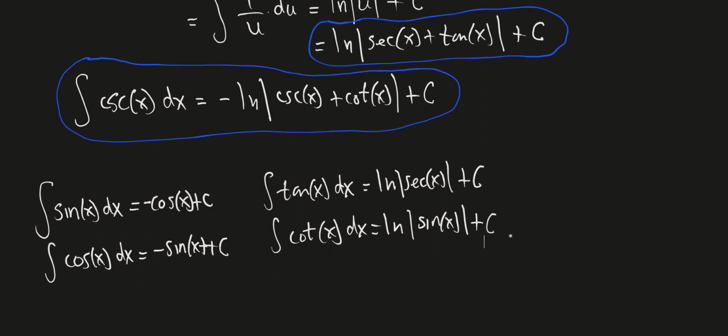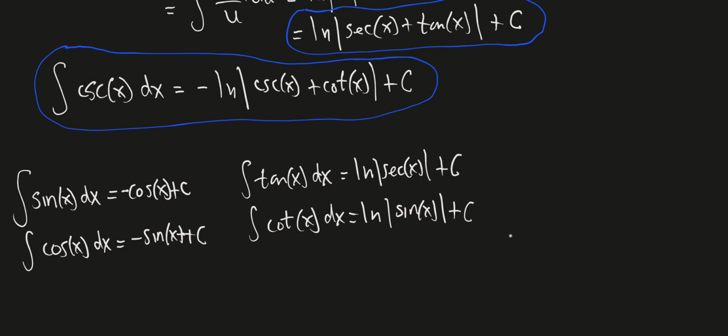And then maybe I could squeeze these in over here. The antiderivative of secant x dx is the natural log of the absolute value of secant x plus tangent x plus c.